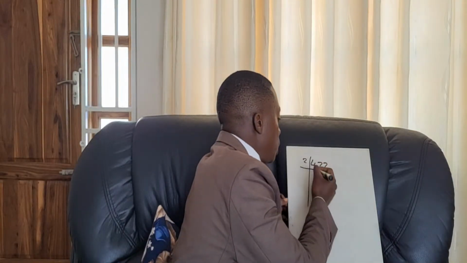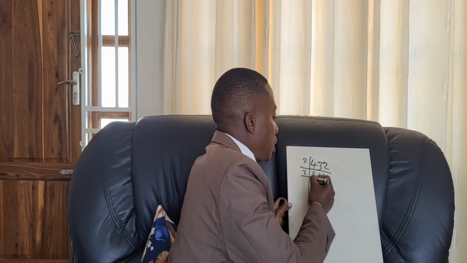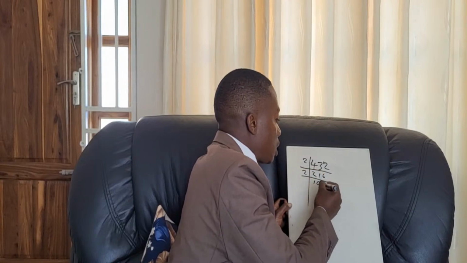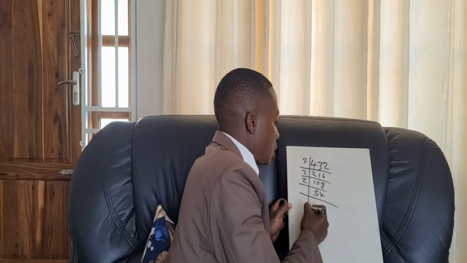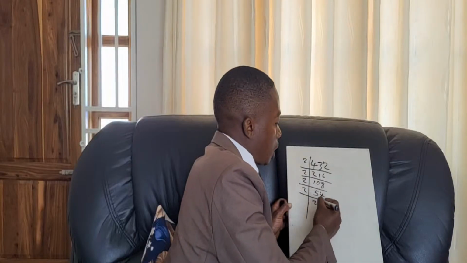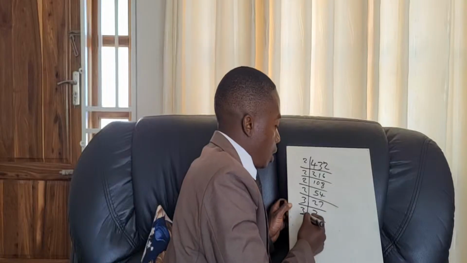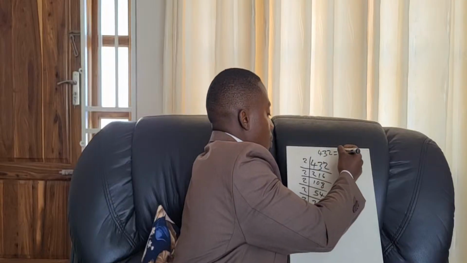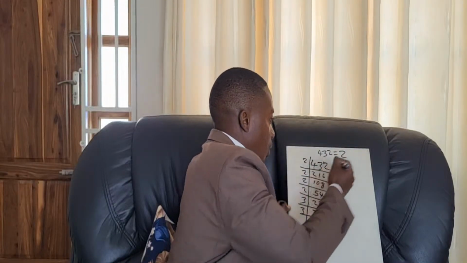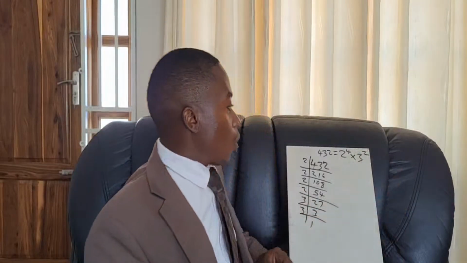You start by 2: 432, 216, 108, 54, 27, then 3, 3, 3, 1. Like this. It means 432 is the same as 2 to the power 4 times 3 to the power 3, or 2 times 2 times 2 times 2 times 3 times 3 times 3.